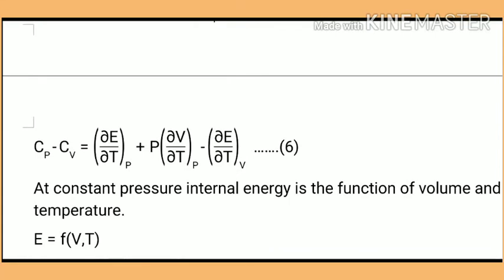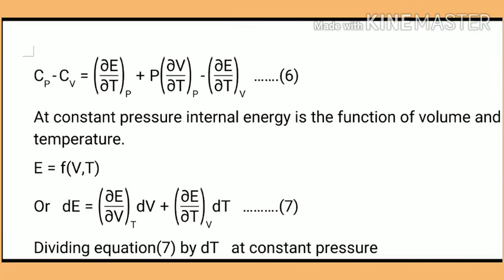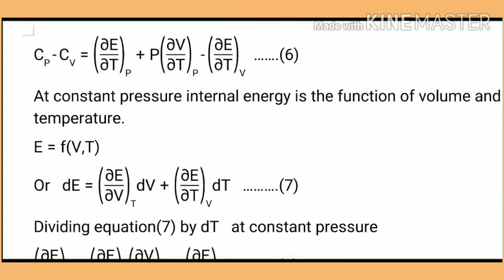Internal energy is a function of volume and temperature. So we can say E is a function of volume and temperature, and so dE will be equal to del E upon del V at constant temperature dV plus del E upon del T at constant volume dT.